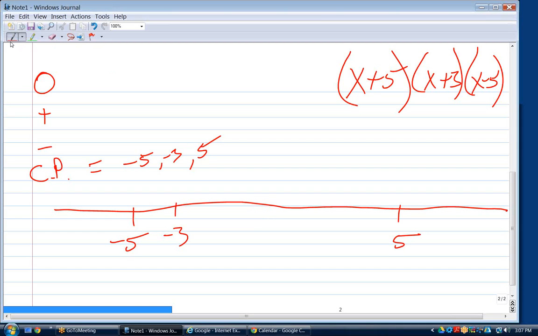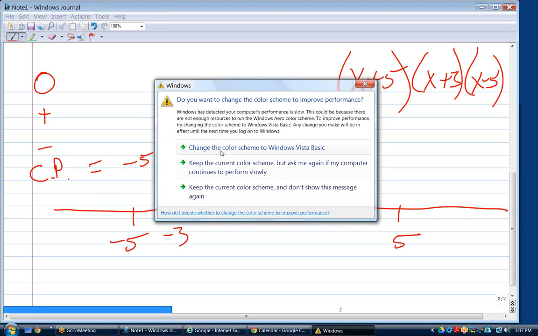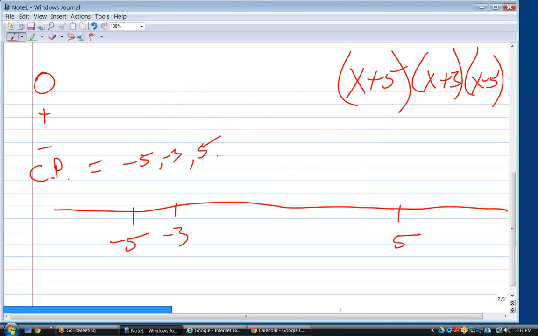To determine what this function is when it's left of minus 5, in other words, if I pick any number on the number line left of minus 5, let's pick minus 6. What is the function when x is minus 6? It's 11.